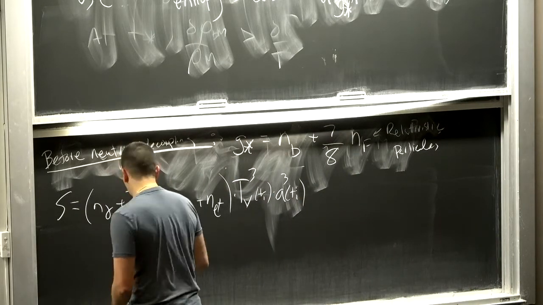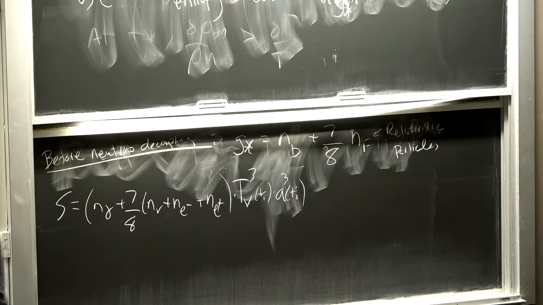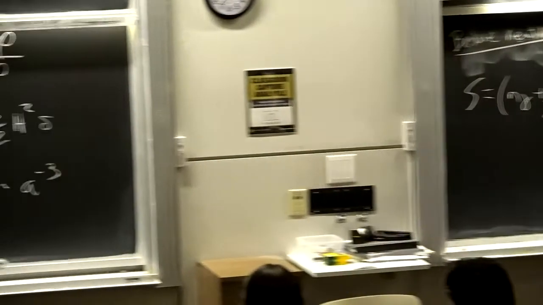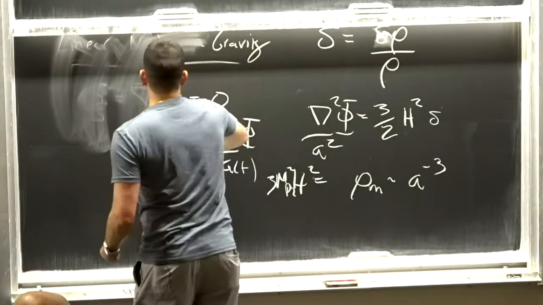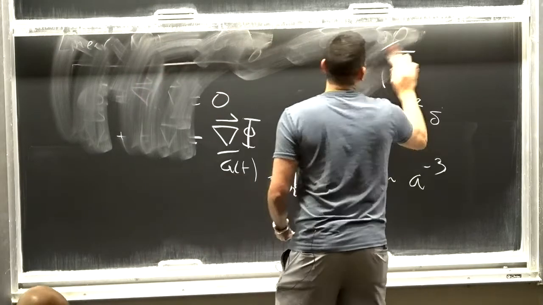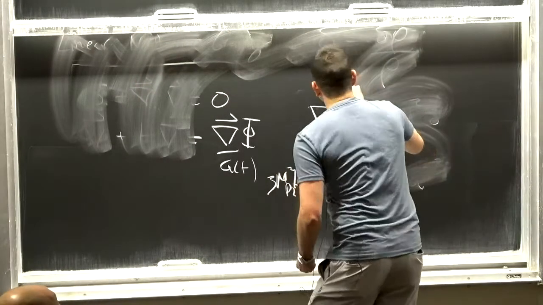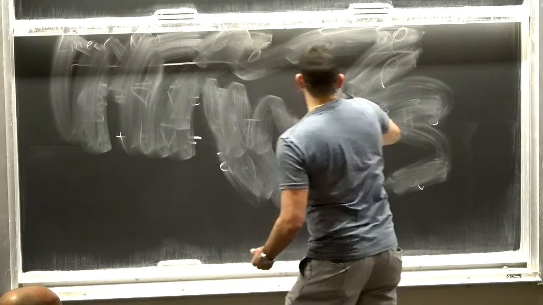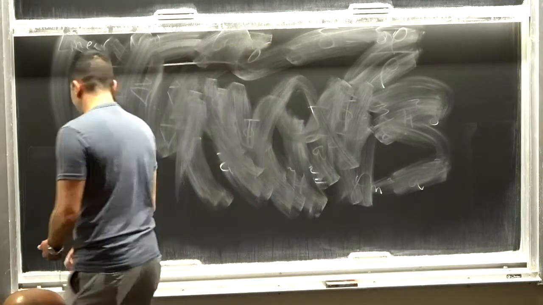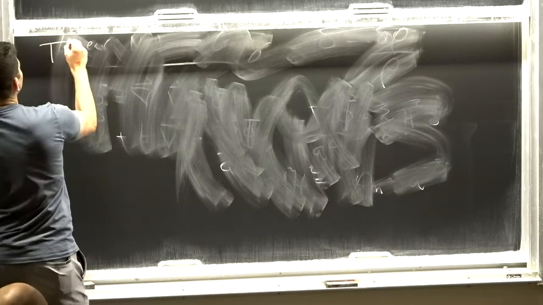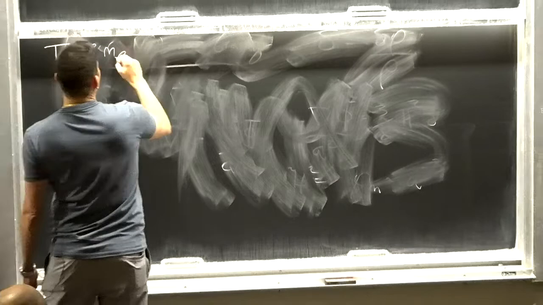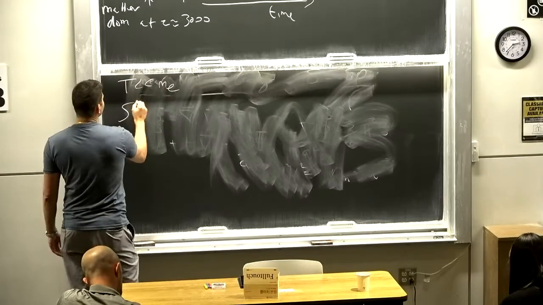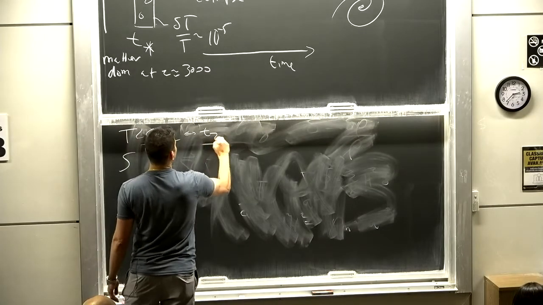Maybe I'll do it on another board so we can compare. Now we're going to do after. We're going to wait until after the electrons and positrons have annihilated. It doesn't matter, this is a constant, so we can choose whatever time we want. So now T is much less than the electron mass, and we're going to call this time T2.